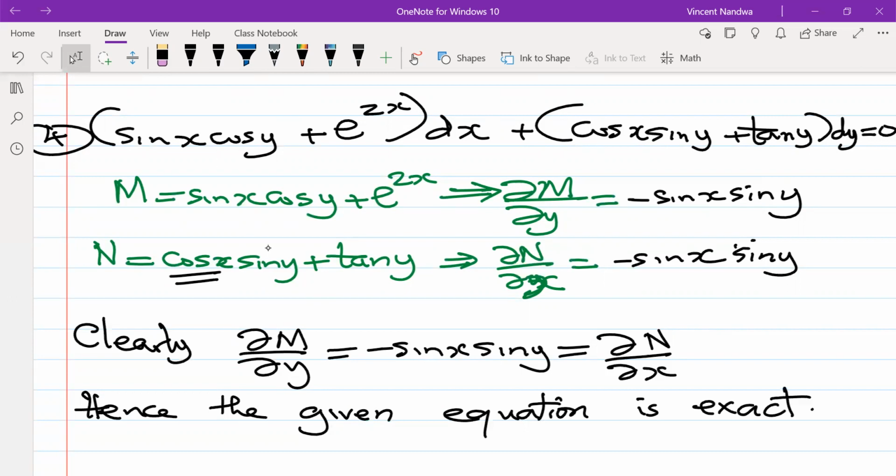So that is simply the way we test whether a given differential equation is exact or not exact.